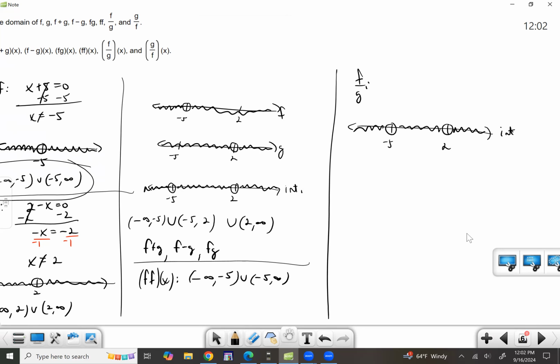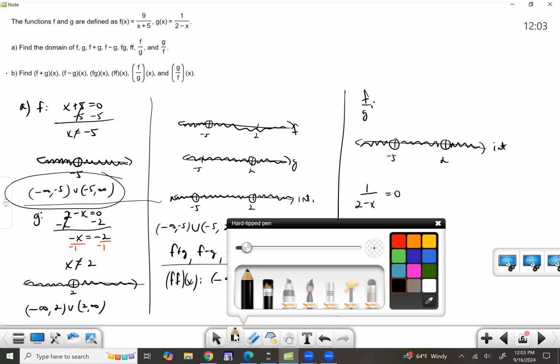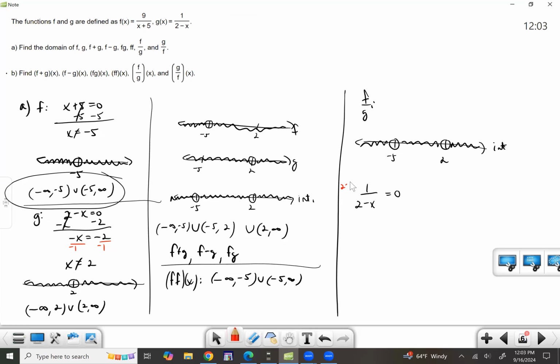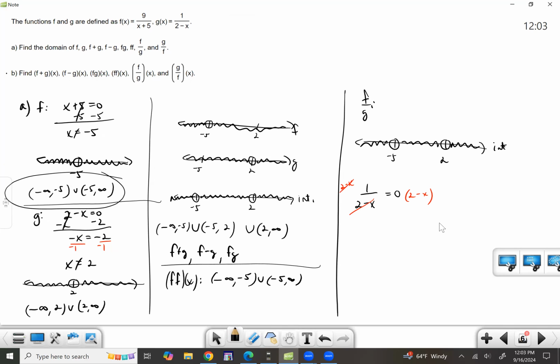So let's go back, take a look at what g was. So g is, we're going to set g equal to 0. So we're going to set 1 over 2 minus x equal to 0. If we multiply both sides by the denominator to get rid of the fractions, these will cancel, but we have to do it here too. 0 times anything is 0, so we get 1 equals 0, which is nonsense, right?